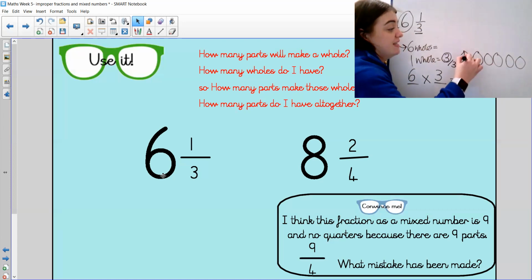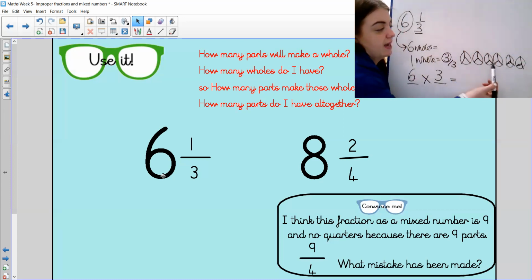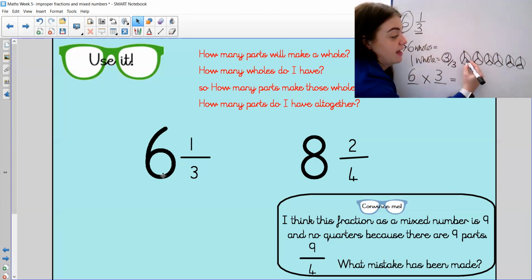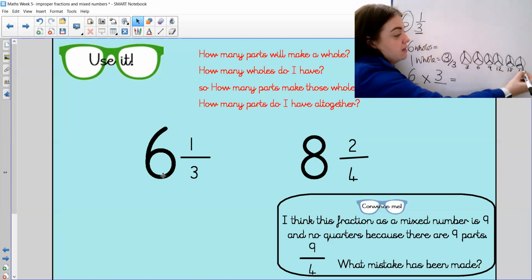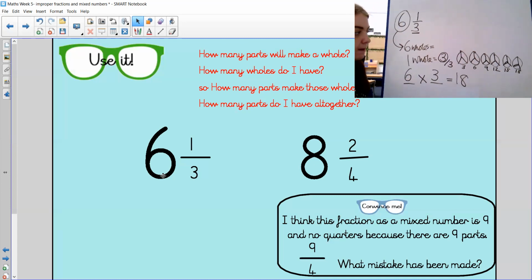Draw it if you need to, because that's really going to help you to count and to check how many parts. There's my 6 parts, and then I can simply use my 3s to count. 3, 6, 9, 12, 15, 18. So 6 times 3 is 18 parts. So 6 wholes is going to be 18 thirds.